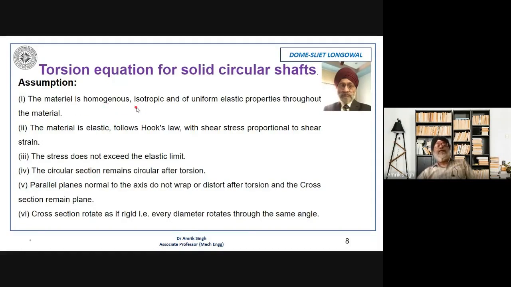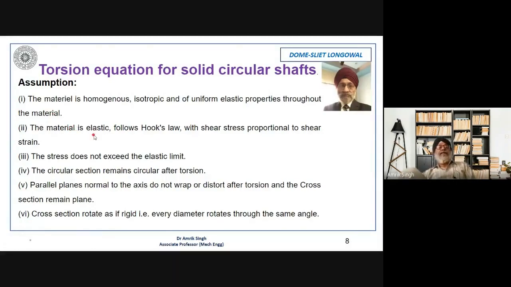It is isotropic. Isotropic means its properties are the same in every direction, with uniform elastic property throughout the material.